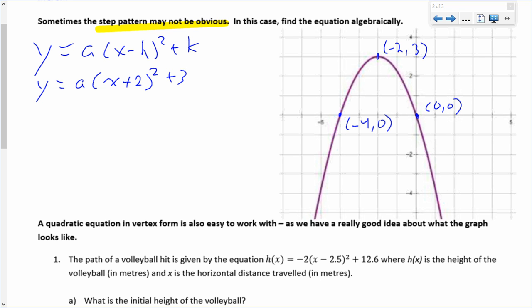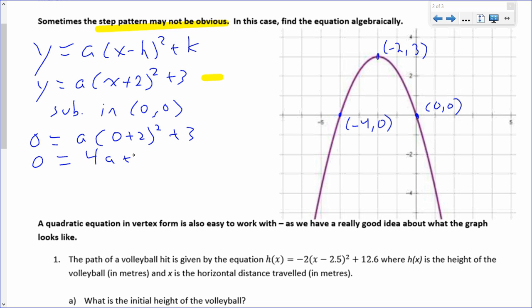So what I'm going to do is I know that in my equation over here, when x is 0, y has to be 0 as well. So I can sub that point in. It's kind of like finding the equation of a line in y equals mx plus b form, if you remember doing that last year. So I sub y equals 0 in, and I sub x equals 0 in. And then I can solve for a algebraically. 2 squared is 4, so this is 4 times a.